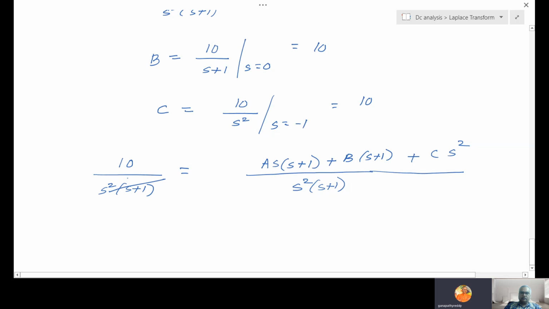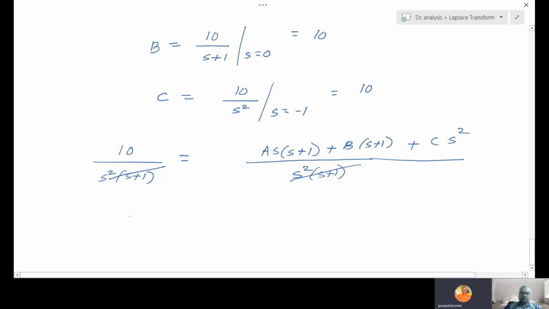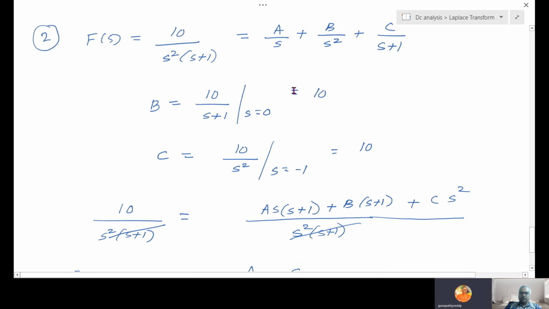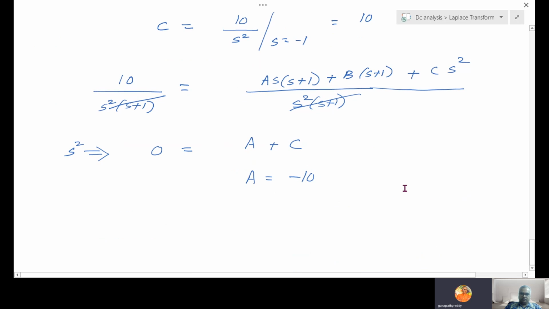So this denominator cancels. Compare the s square powers. What is s square power? There is no s square term, 0. A s square plus c s square. So what is s square coefficient? A plus c equal to 0. Already c equal to 10. So from this a equal to what? Minus 10. Like that, by saving time, you can do it. So b, c is straightforward, but a, like this, fastly you can find.